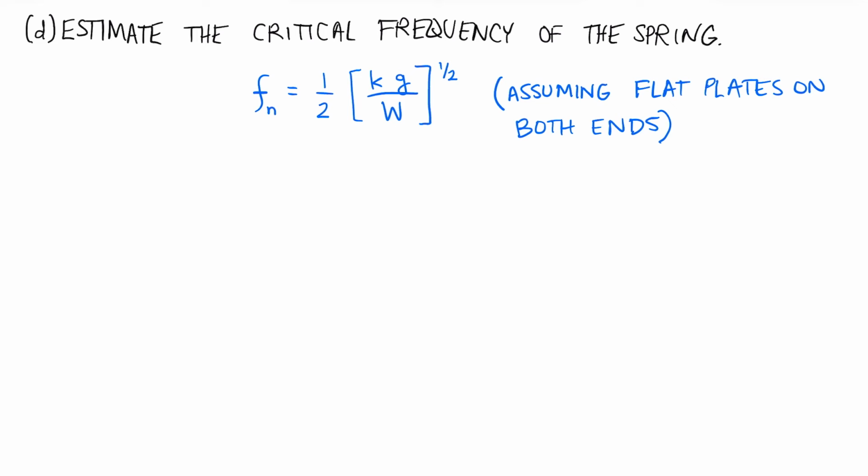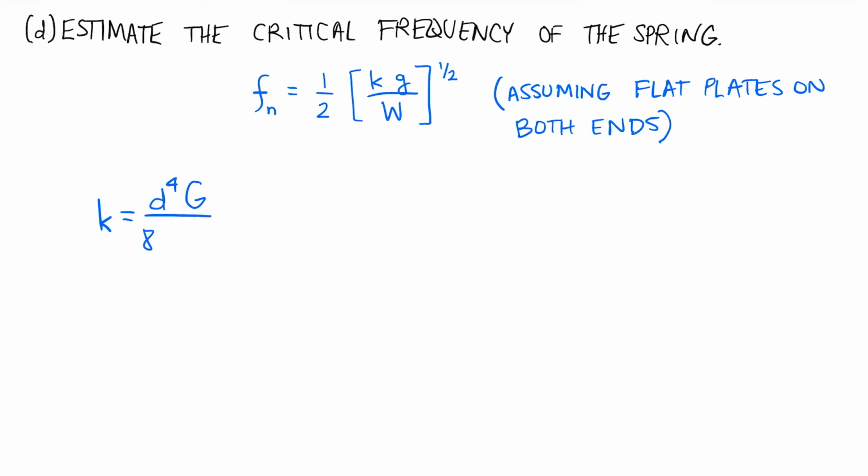So to solve this equation, we need to find the spring rate, which is this lowercase k value, and we have an equation that lets us estimate it using geometry and material properties.